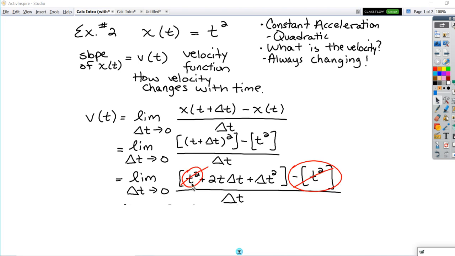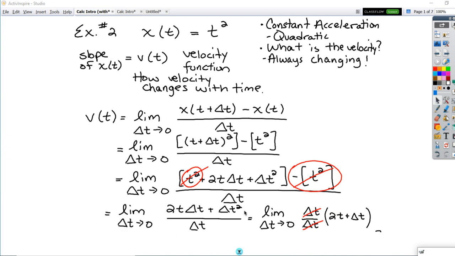Okay, so by foiling it, you get t squared plus 2t delta t plus delta t squared. So that's this term, minus t squared. But because I have a t squared and a minus t squared, they cancel. So then all I'm left with is 2t delta t plus delta t squared divided by delta t. Now, the good news is there's a delta t in every term on top. The two terms that are left over on top, there's a delta t here and there's two delta t's over here.